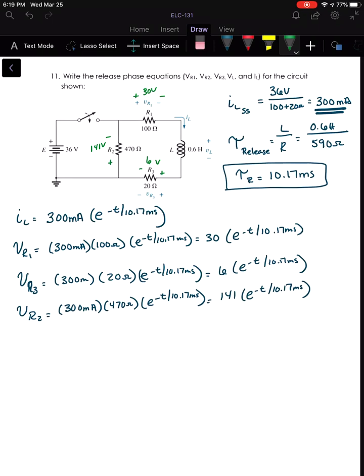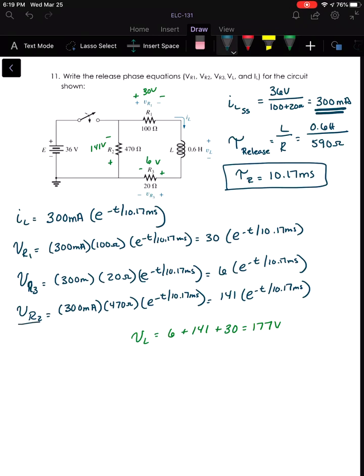How do we find what VL would be? So VL at this point is going to be the sum of the voltage drops around that closed loop. So 6 plus 141 plus 30. So that will be 177 volts initially.